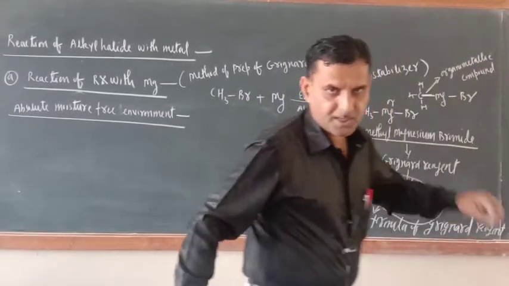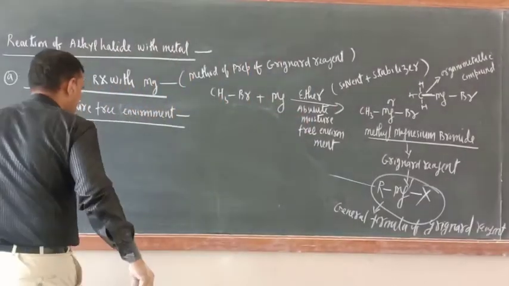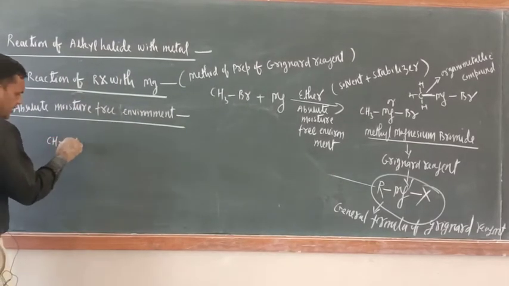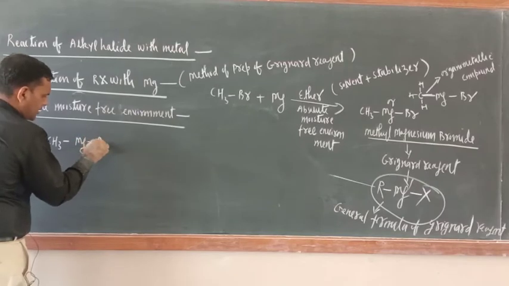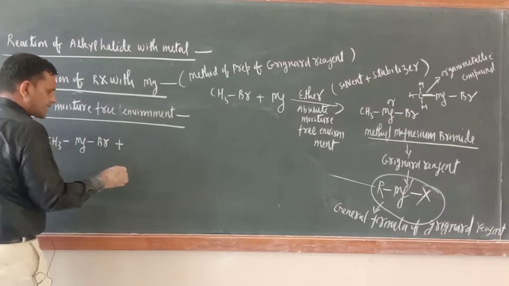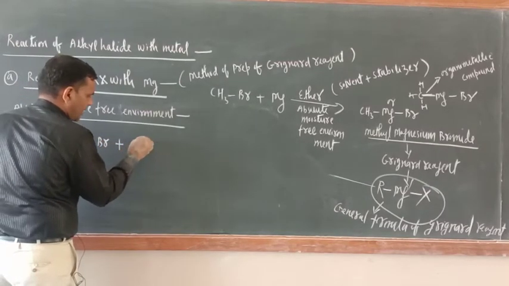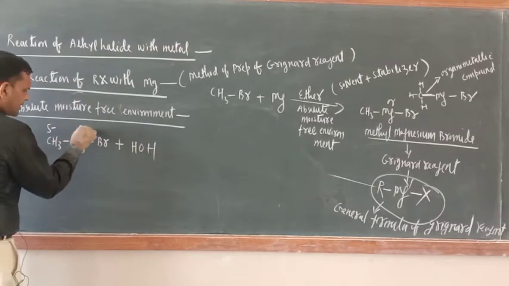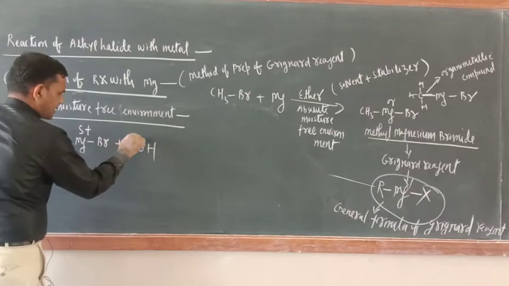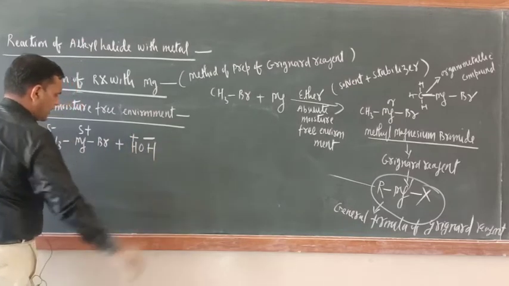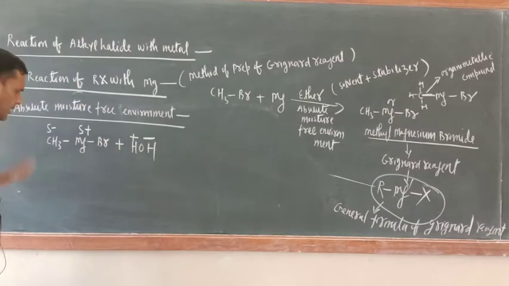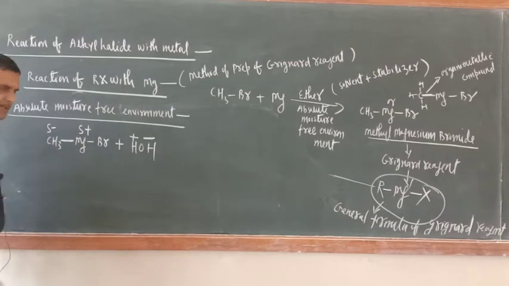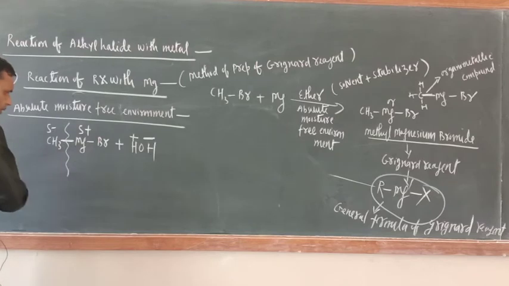Just try to understand. Moisture means water molecules. This is CH3, this is Mg, this is Br, plus water. Now this is slightly negative, this is slightly positive. This is H positive, this is OH negative. This is a polar covalent bond, 36% ionic, and the bond will be broken from here.